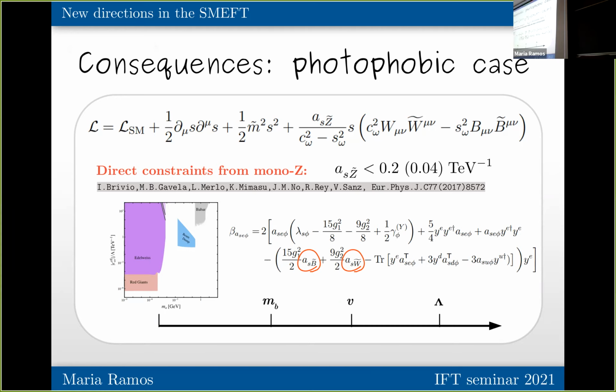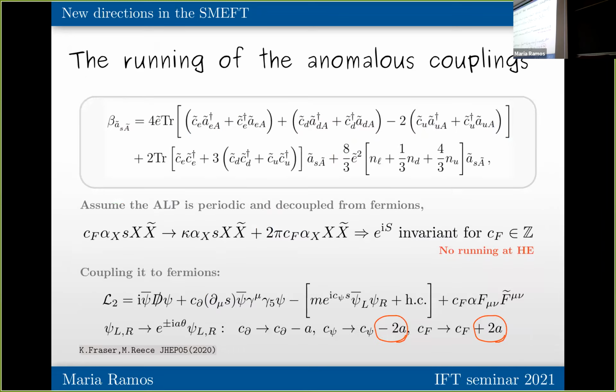And when you run down this coupling to the electroweak scale, you see that below the electroweak scale there is no coupling with a photon. And that is not generated in the LEFT because you see these kind of dipole operators here are not generated if the UV, up to dimension 5, is just the standard model for the ALP. But if you have a more complicated spectrum, actually, you can get the running in the LEFT, even though you don't have it in the UV.